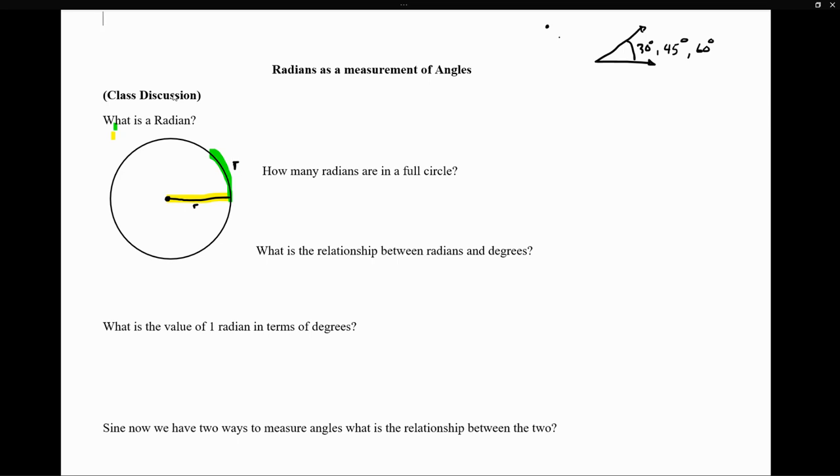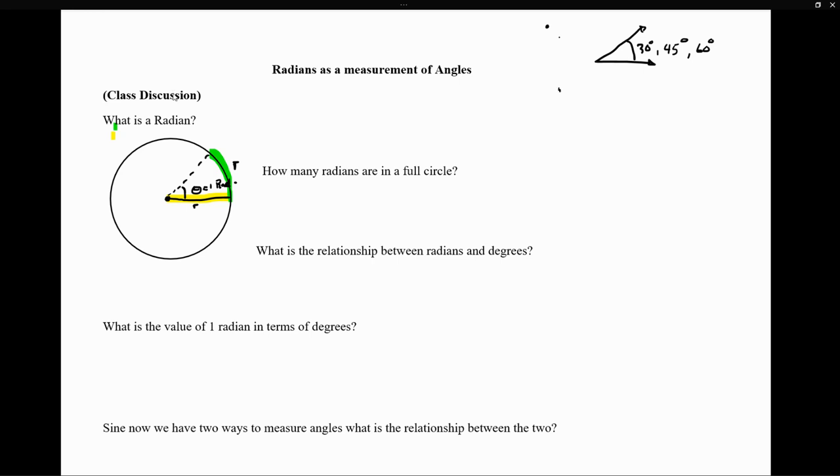If we measure this arc and it's also 5, then the angle that is created between those two is 1 radian. So a radian is the measurement whenever the length of the radius is equivalent to the length of an arc.